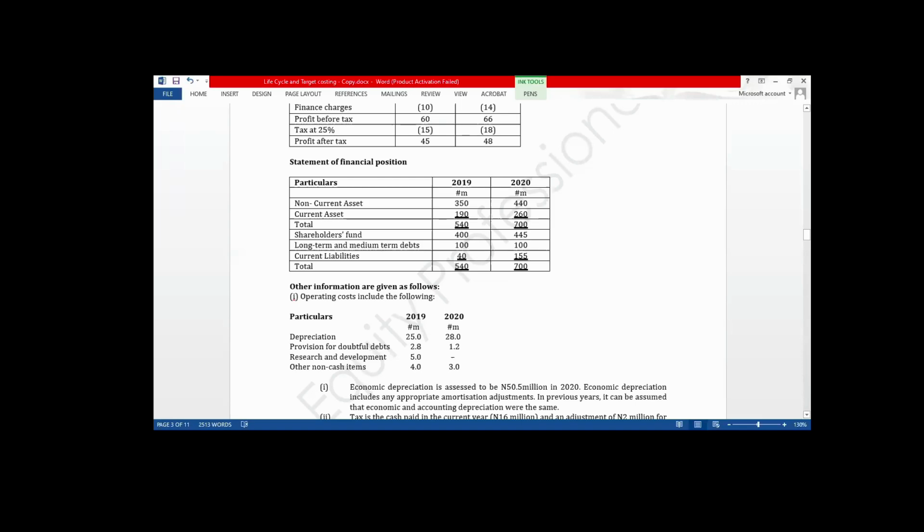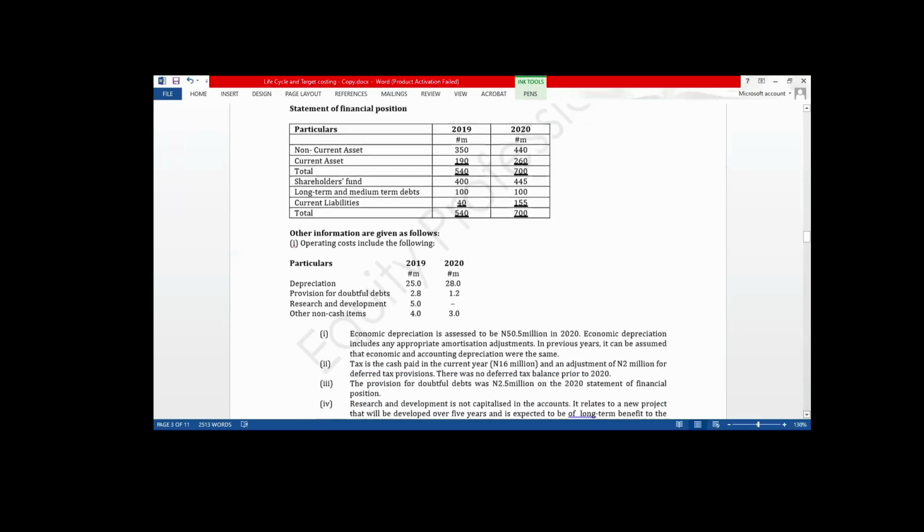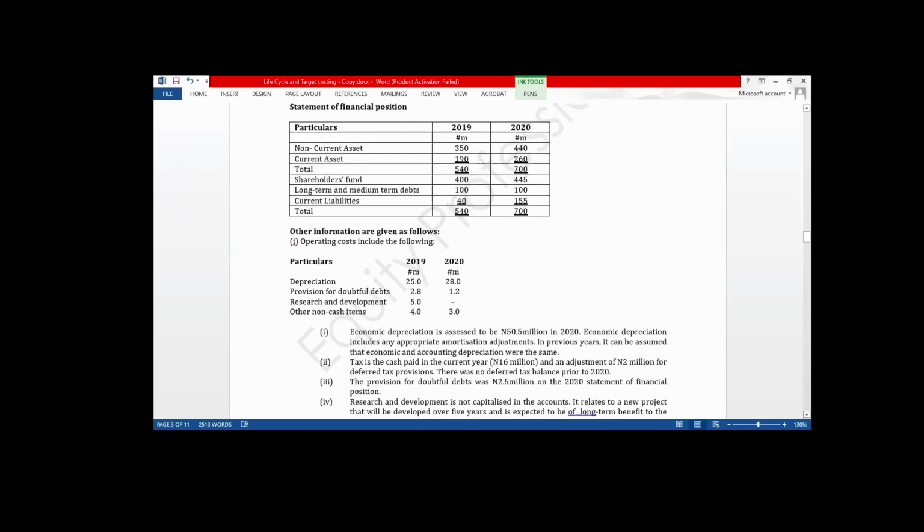Next, accounting depreciation is assessed to be 50.5 million in 2020. Economic depreciation includes any appropriate amortization adjustments. In previous years, it can be assumed that economic and accounting depreciation were the same. Next, tax paid.